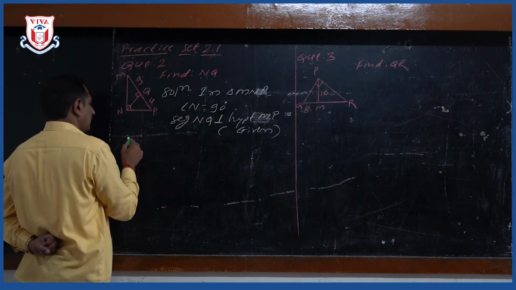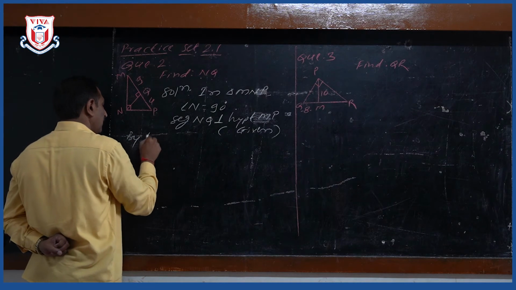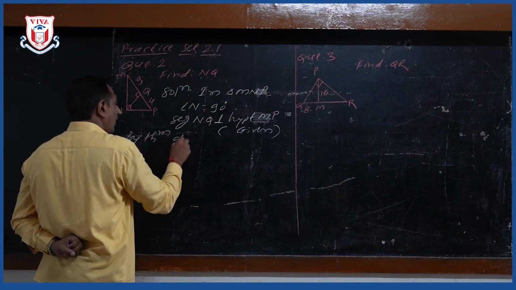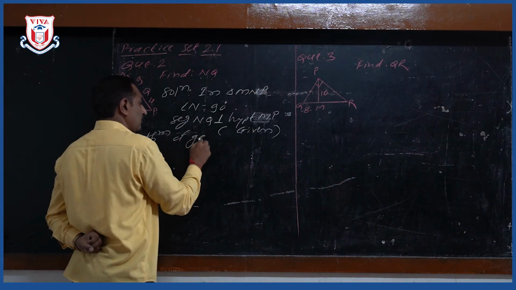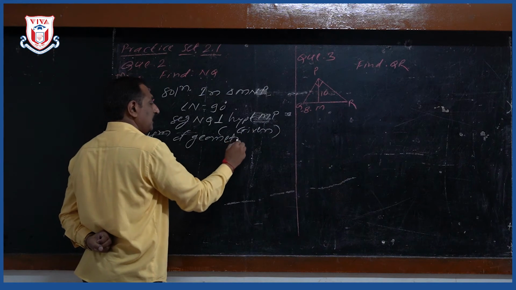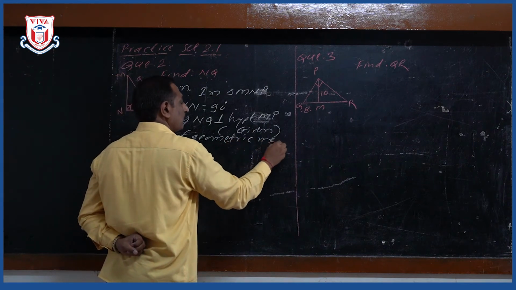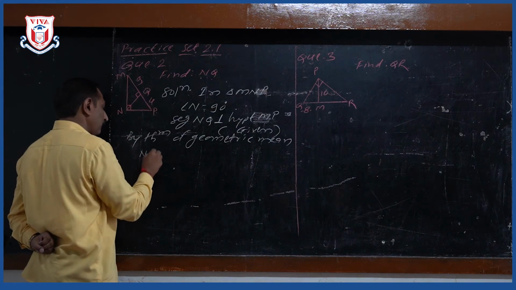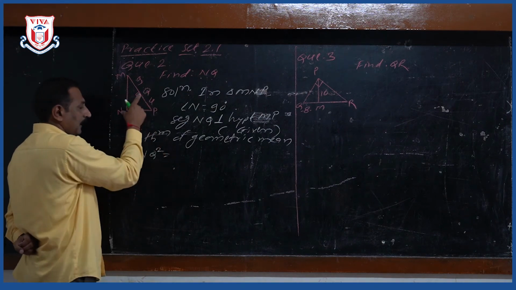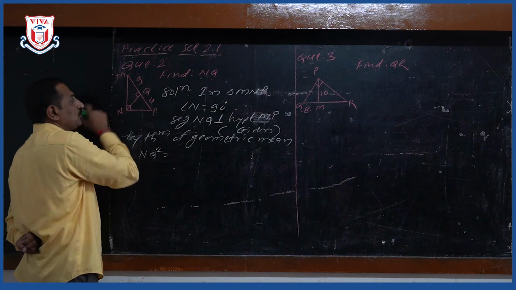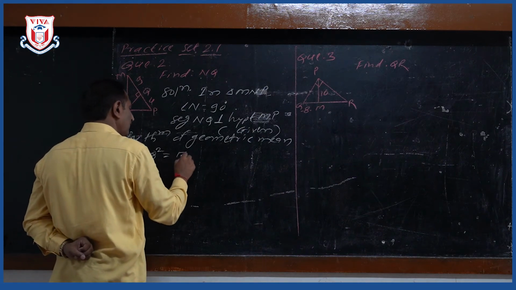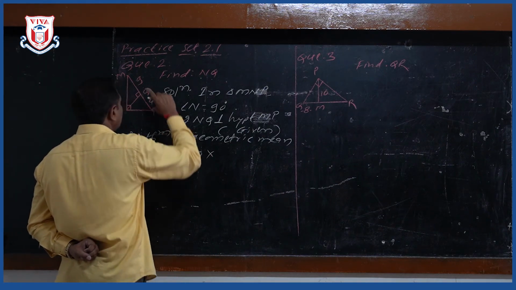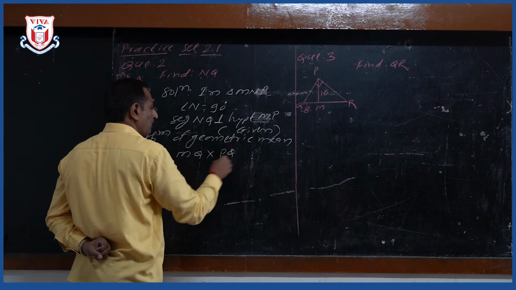Therefore, by theorem of geometric mean, NQ is the geometric mean, NQ square is equal to MQ into PQ.